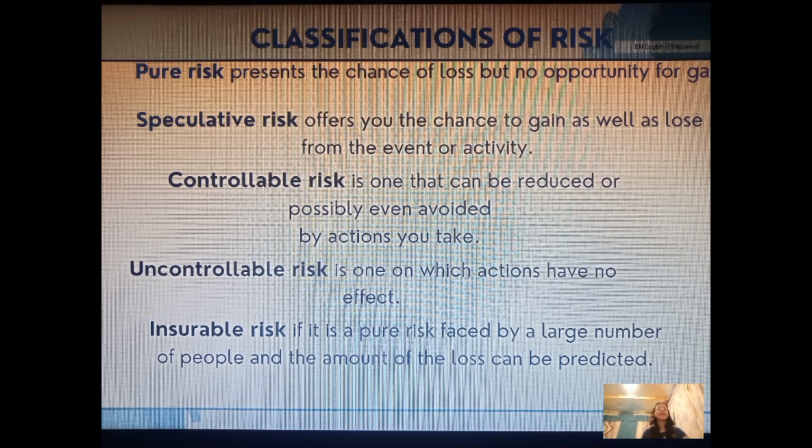So lastly is the insurance risk. This also refers to the uncertainty or potential for loss that insurance companies face due to the policies they issue. It encompasses the possibility that the insurer will have to pay out claims to policyholders, which could exceed the premiums collected and result in financial losses for the insurance company.